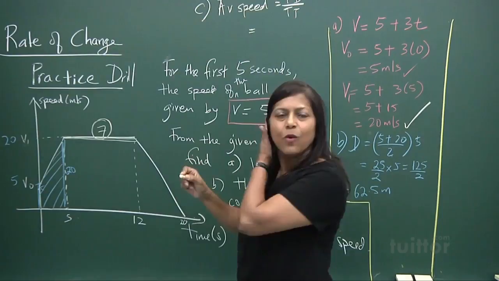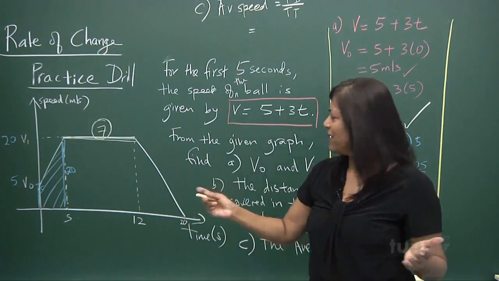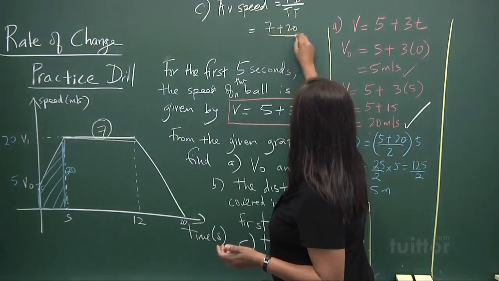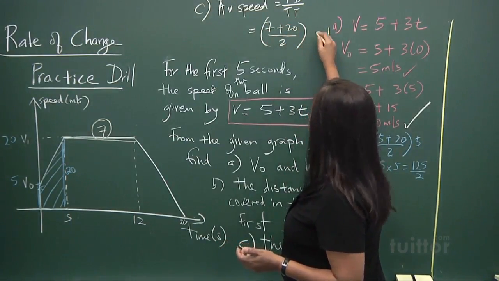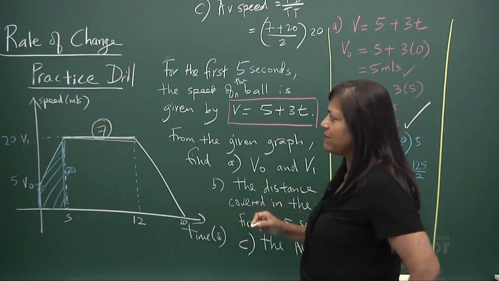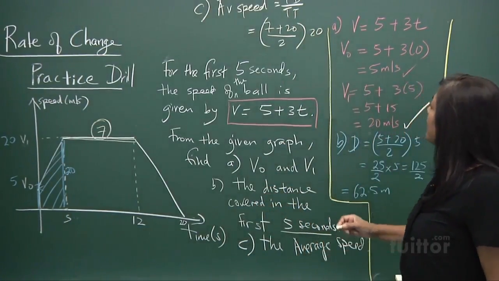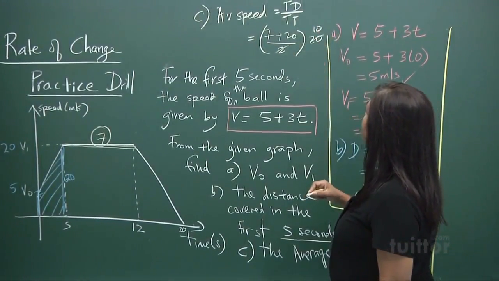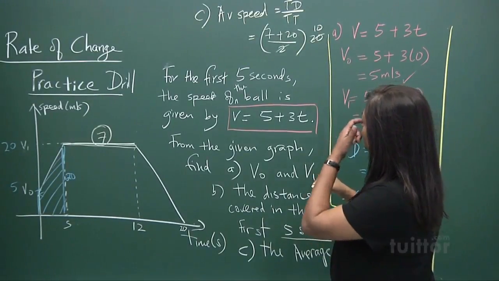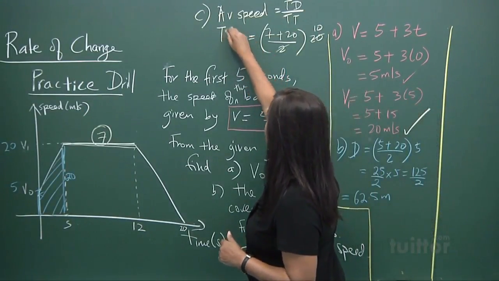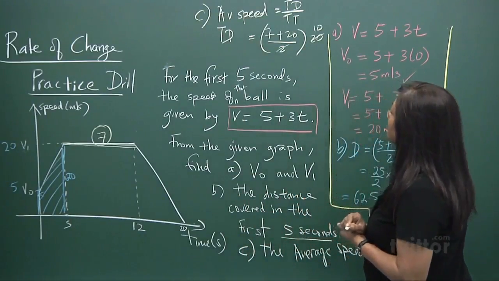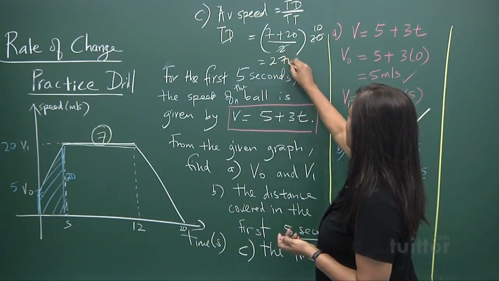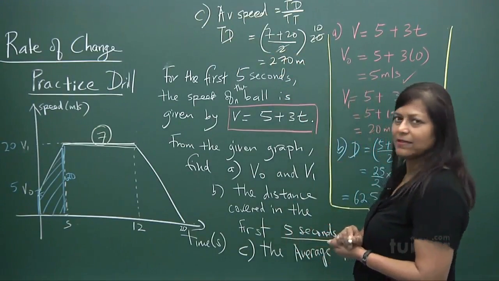And the total distance will be the area of the trapezium, which is 7 plus 20 divided by 2 multiplied by the maximum speed that you reach. So what you get is this whole thing, cancel here, you get a 10. Okay, that's the total. What I'm working out here is the total distance. Alright, and we've got 27 times 10 is 270 meters covered.